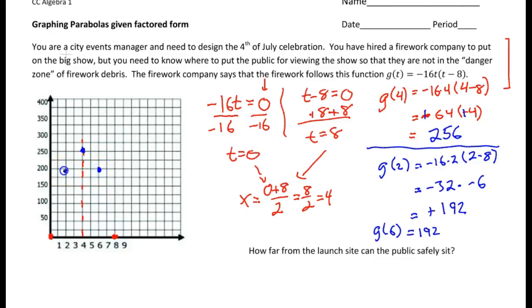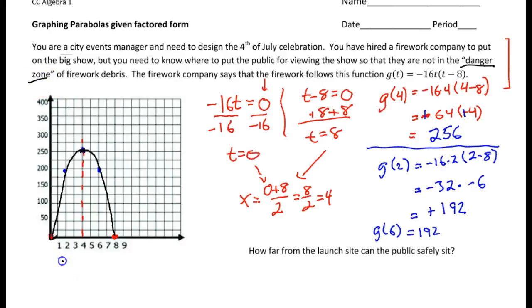And if you have a few more points, it might be a little bit easier to graph your parabola. So of course, the parabola should go like this, and try to make it symmetrical on the other side. Like that. There we go. So as long as you're not sitting in here, this is what we call the danger zone.